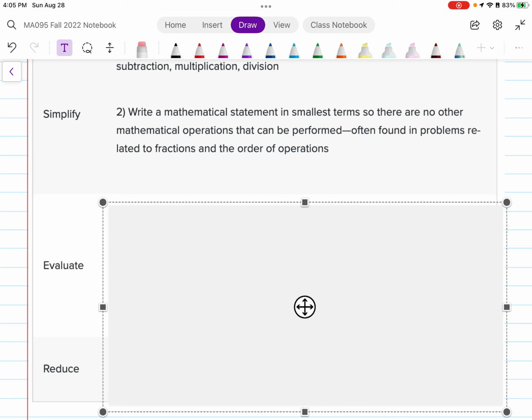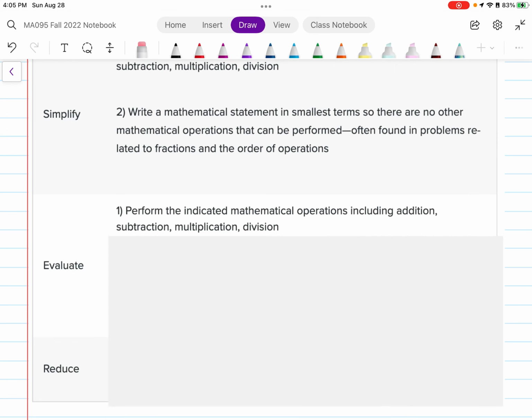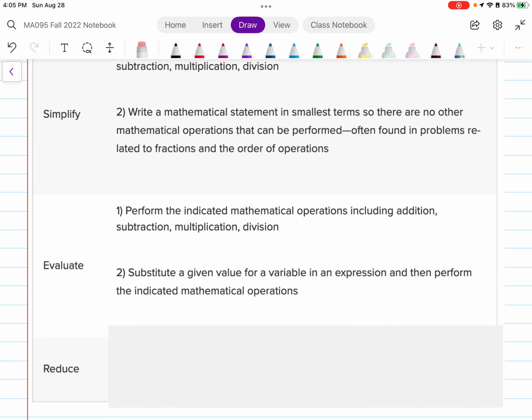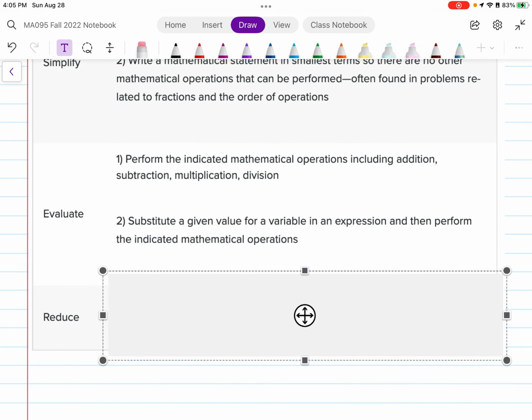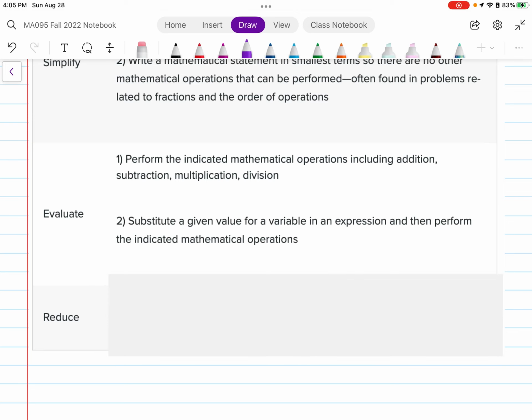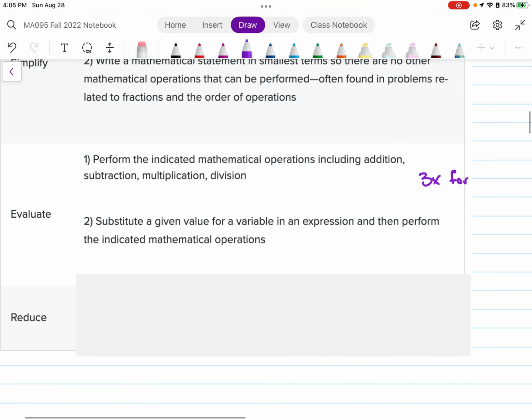That means simplify. All right, evaluate is very different. Evaluate means to perform the indicated mathematical operation and then substitute a given value in for a variable. So I might say something like evaluate 3x for x equals 5, right? So you would just plug it in, 3 times 5, you put the 5 in for the x and you get 15.